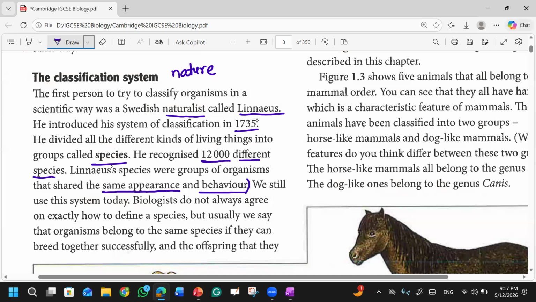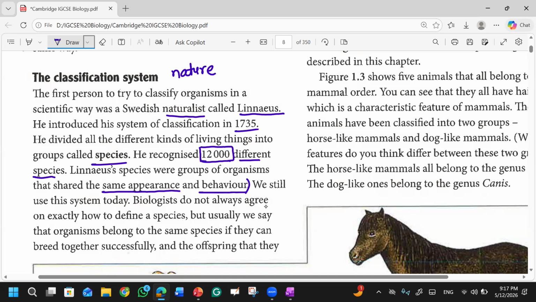What is the role of Linnaeus in this classification system? What he did was that they looked similar and they were behaving similarly. He recognized almost 12,000 different species. Their behavior was the same, their appearance was the same. We still use this system today.